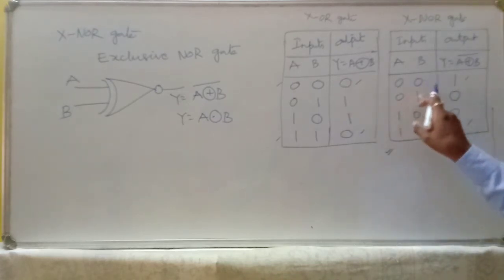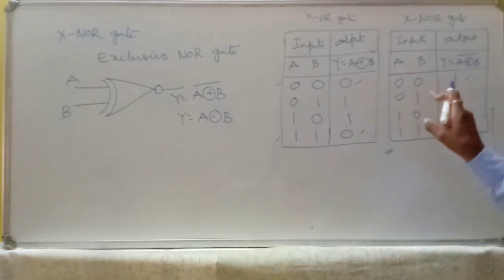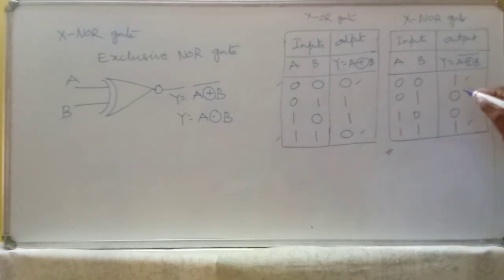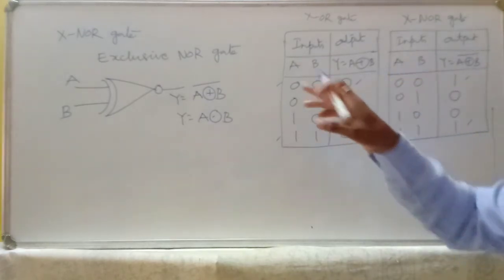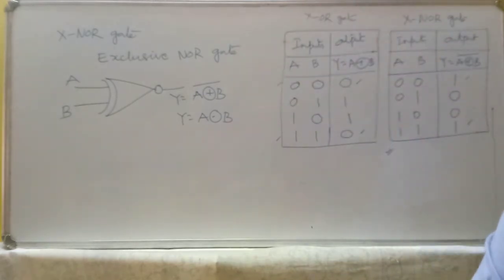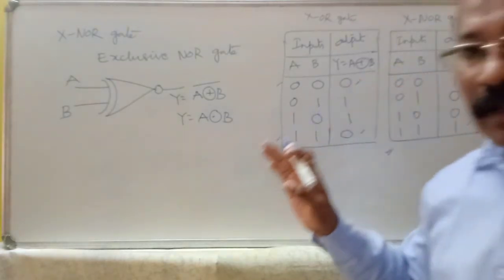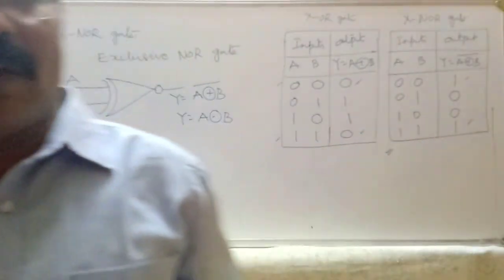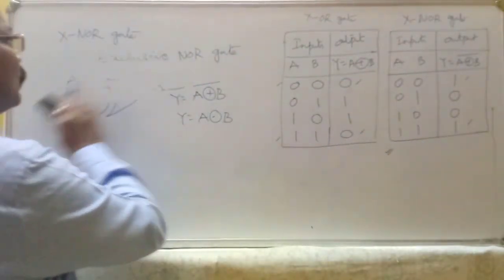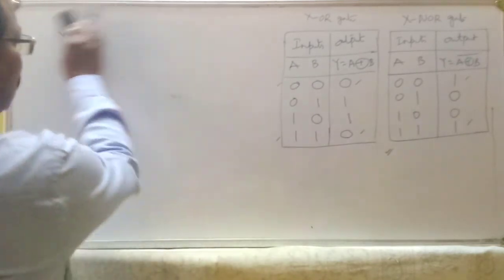If the given inputs are unequal, its output is 0. So it is a complement of the XOR gate. So these XOR and XNOR gates are special purpose gates.